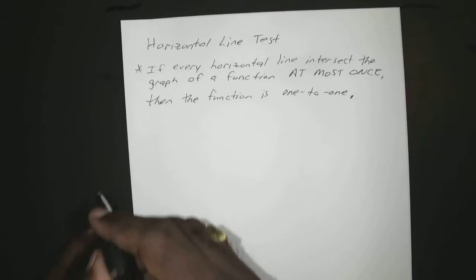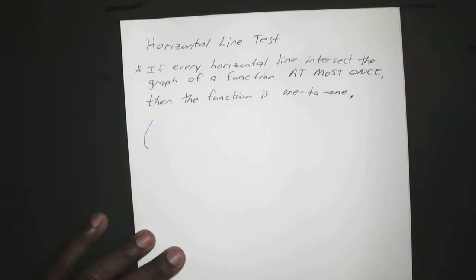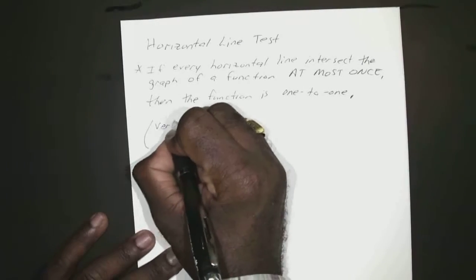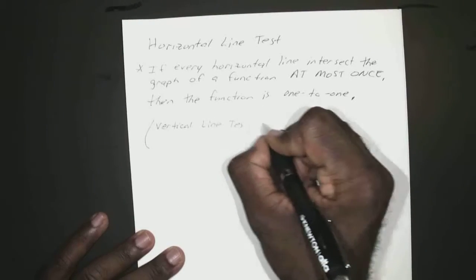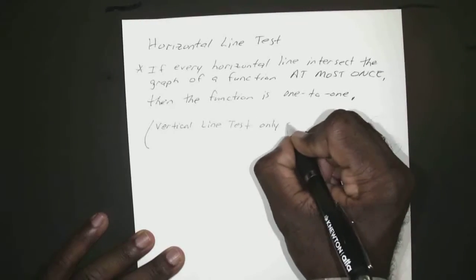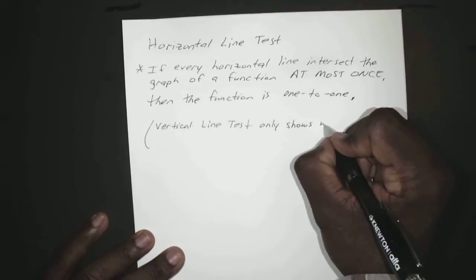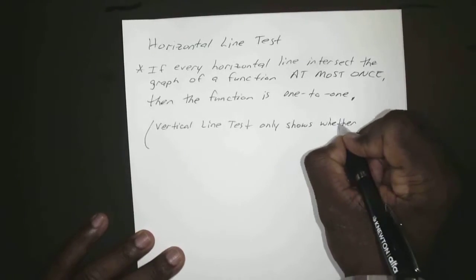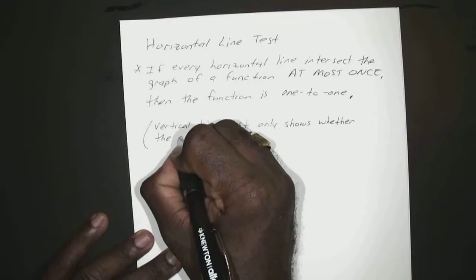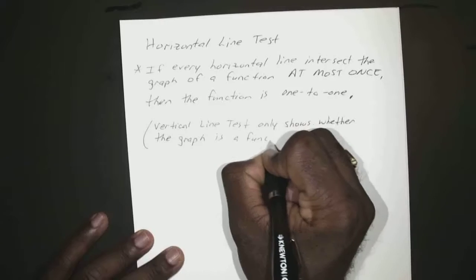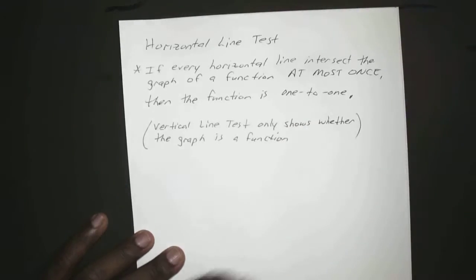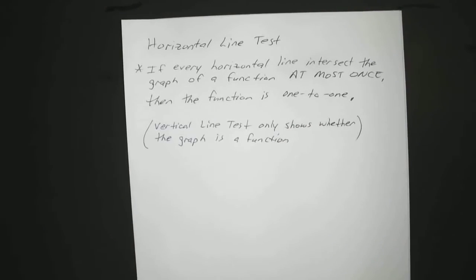Okay. Now, if you remember, the vertical line test just shows whether or not it's a function. So when it's horizontal, you're testing 1 to 1. When it's just vertical, you're testing to see if it's a function.